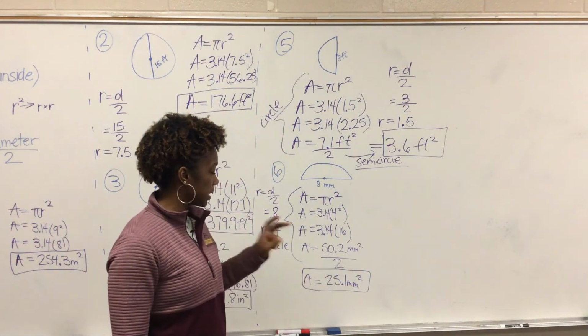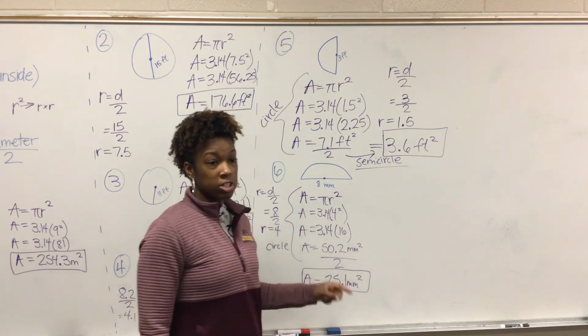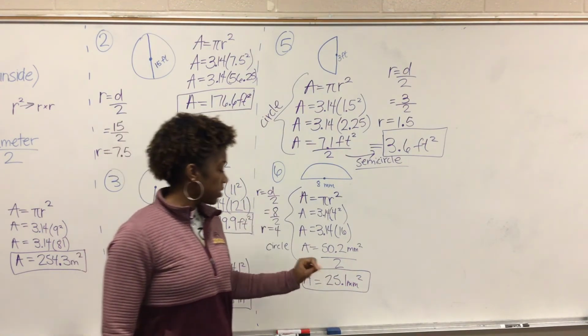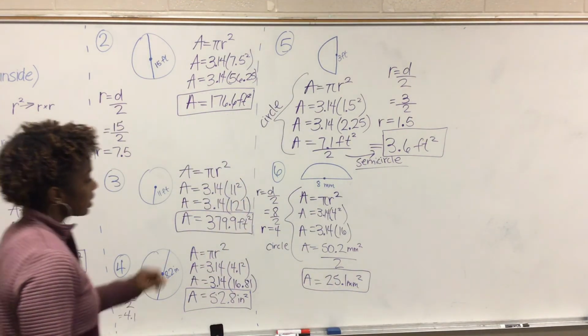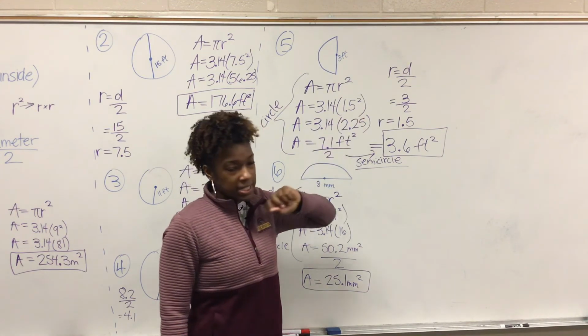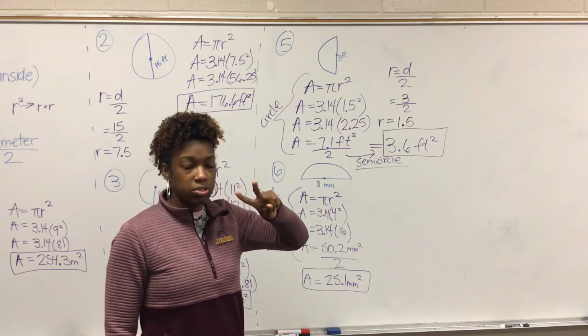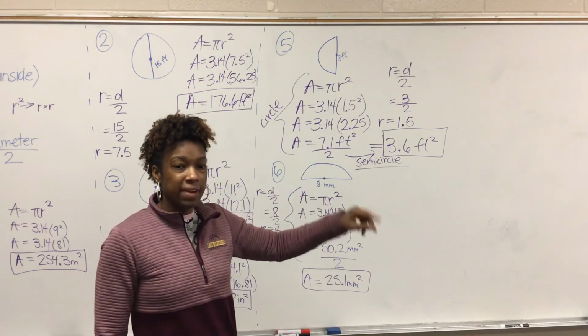All right, that's one thing. Secondly, you want to remember to square your units. First, write your units. After you write your units, you want to remember to square your units. Next, you also want to remember that 1.5 squared is not 1.5 times 2. To square this, that is 1.5 times 1.5.